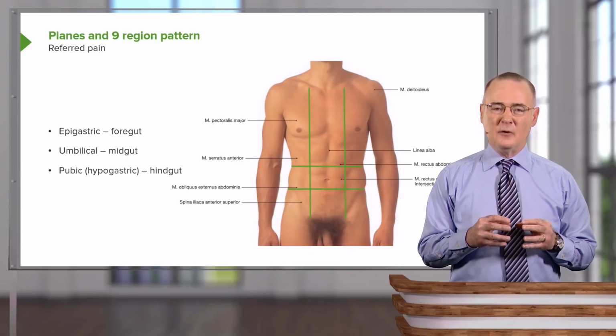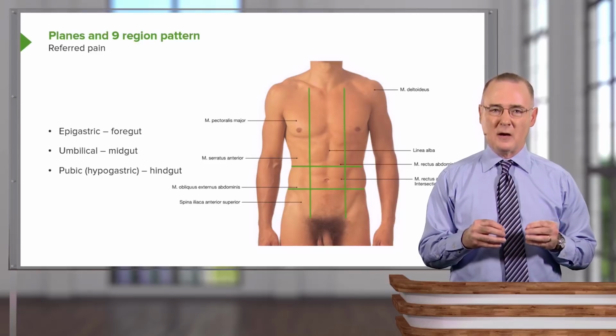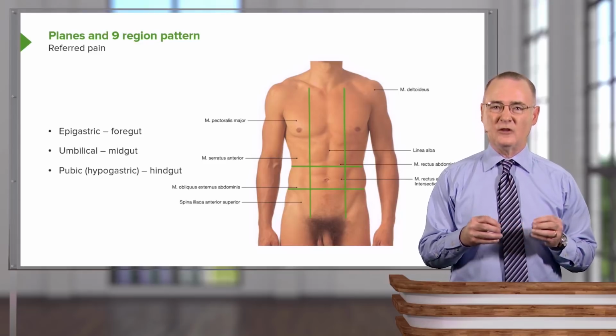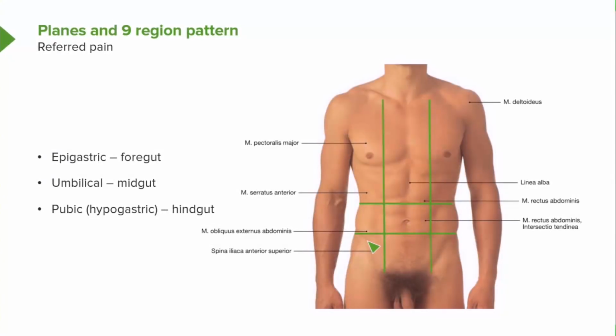Pain from those gut-derived structures is referred to the various regions based on which part of the primitive gut tube it was derived from. So, for example, the appendix, which would reside in this particular region, is derived from the midgut, and so typically then referred pain will be referred to the umbilical region.